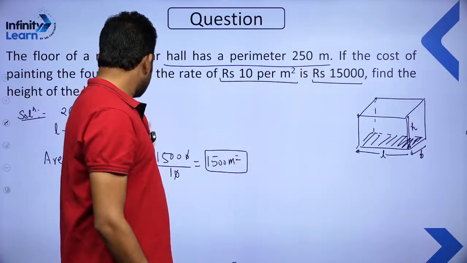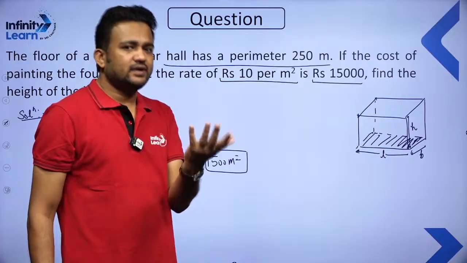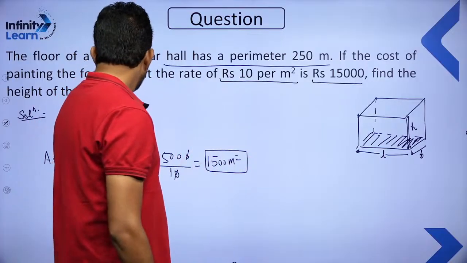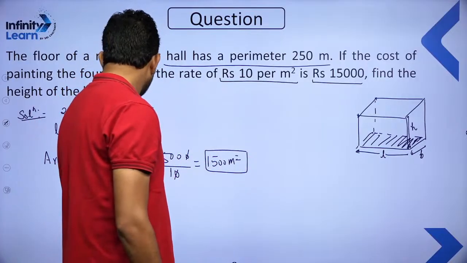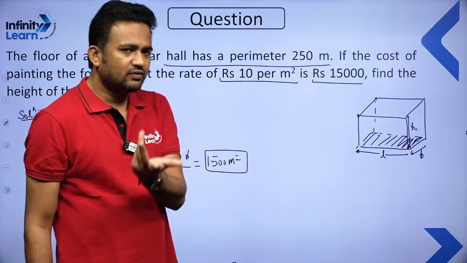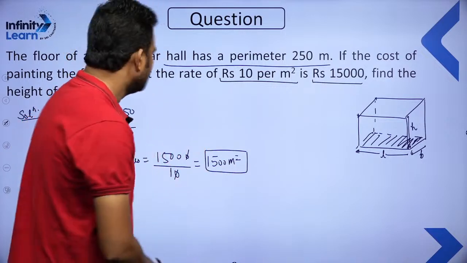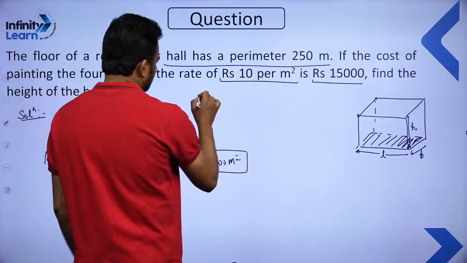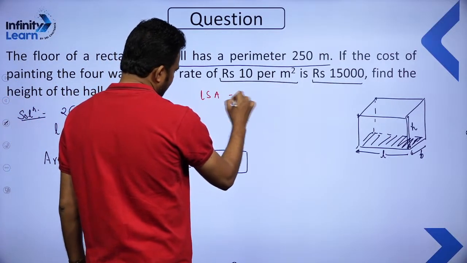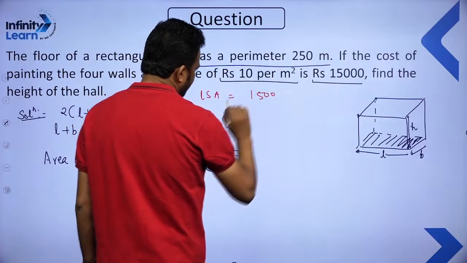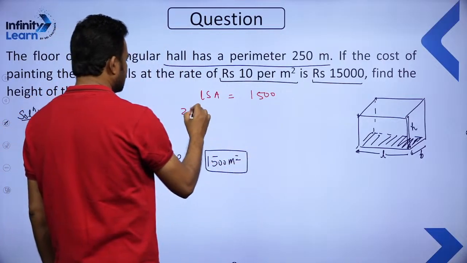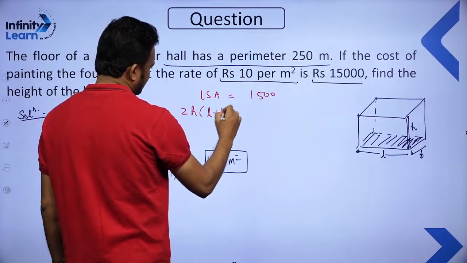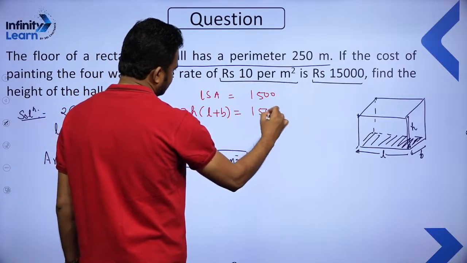Now by using these two pieces of information, you have to find the height. L plus B is known, lateral surface area is known, so write the formula of lateral surface area of a cuboid. What is the formula to find the lateral surface area of a cuboid, guys? Lateral surface area is given, which is 1500, and we know that lateral surface area is 2H times L plus B, so 2H(L plus B) is 1500, right?